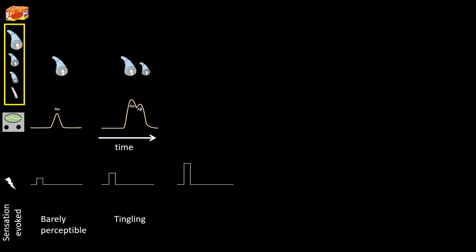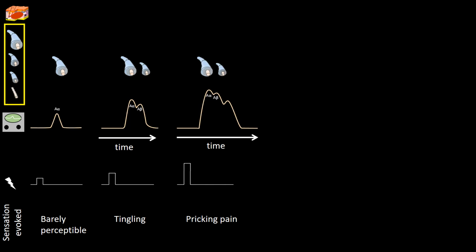If we now give a more intense stimulus, the patient will feel pricking pain, and a single wave will appear with three humps. The first two humps correspond to the A alpha and A beta humps we found with a lesser stimulus, corresponding to thicker myelinated fibers.